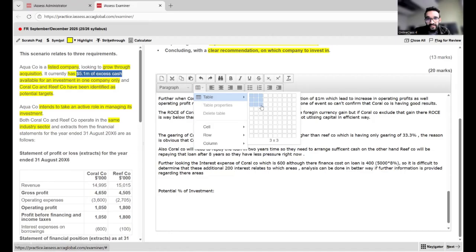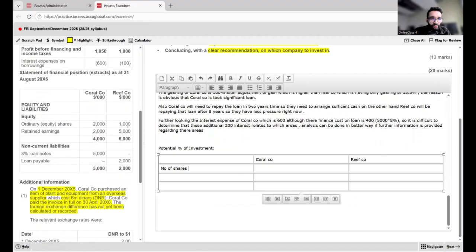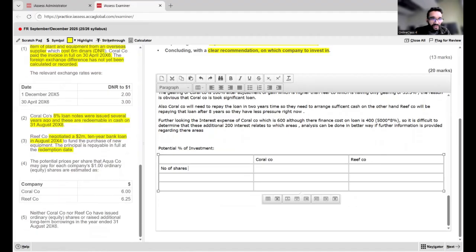If I can make a quick table here for your understanding, let's say two companies, their shares, their share price, and their percentage, right? This is Coralco, this is Reefco, number of shares they are having both. I will get the data regarding number of shares, 2000 or 1000, and the share is having a par value of 1.